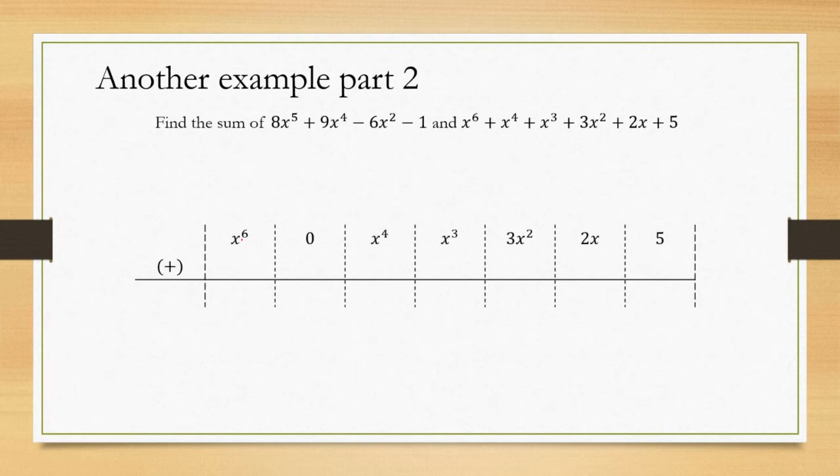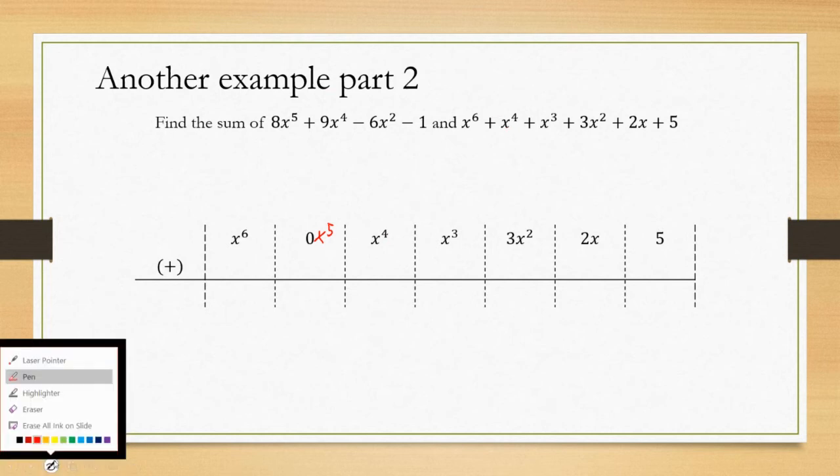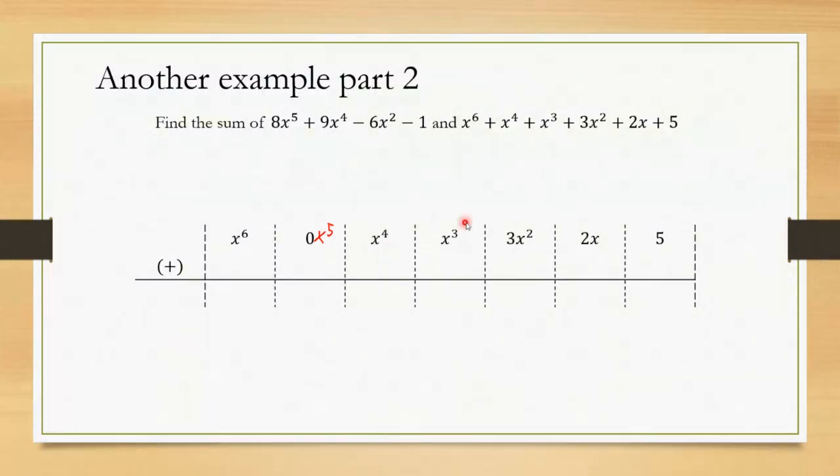That goes in its own column. Make a column for that. There's no x to the 5th term here, so I'm going to put 0 or 0x to the 5th, either one that makes sense. x to the 4 gets its own column also. And x cubed, x squared, x, and 5, the constant, right? They each get their own column.